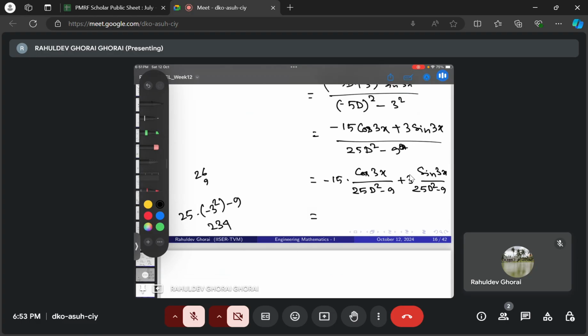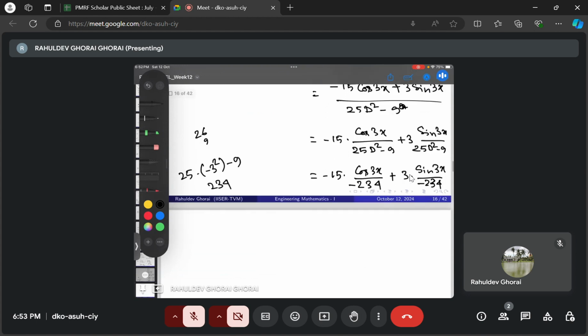Okay. So then the solution will be minus 15 times cos 3x over 234, and that is negative of course, and then plus 3 times sine 3x over minus 234.